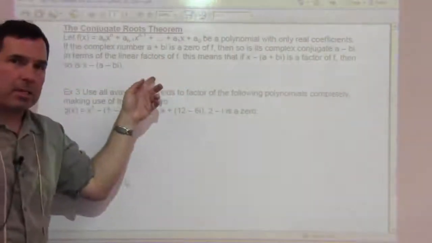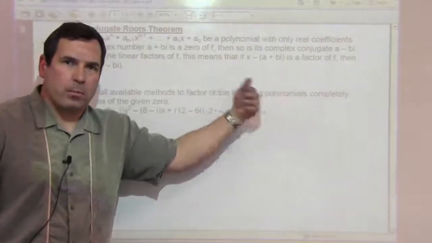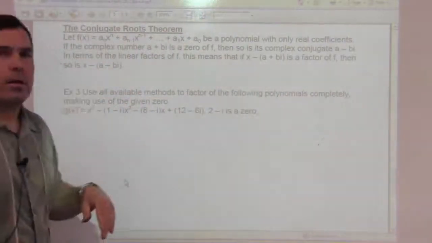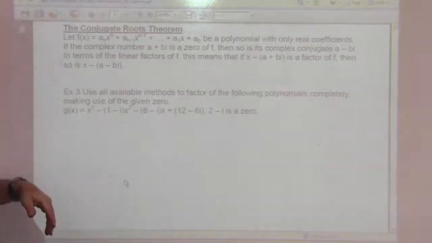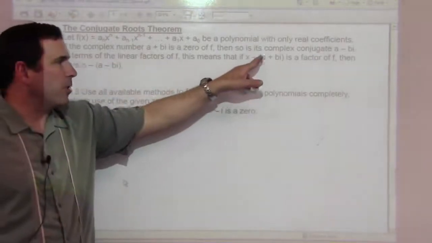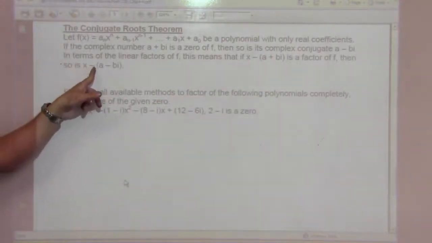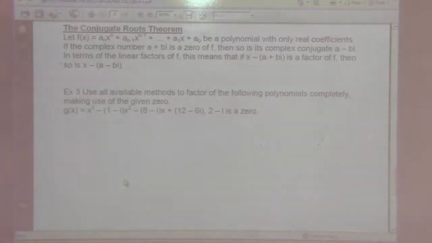If a plus bi is there as a root, a minus bi must be there because they'd multiply by each other to get rid of the imaginary portion. So in terms of linear factors, if x minus the quantity a plus bi is a factor, then so is x minus the quantity a minus bi.